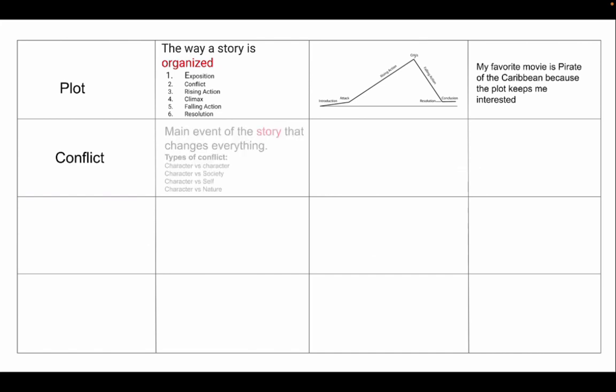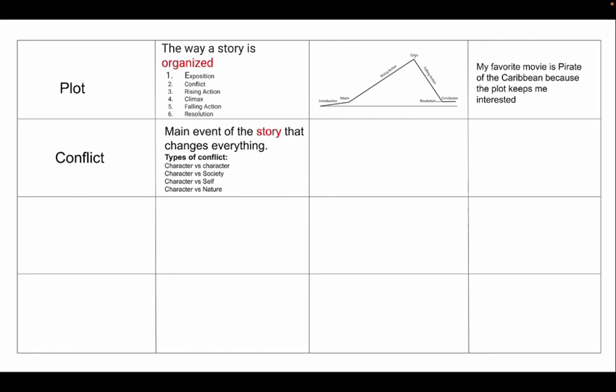Sixth, we have conflict. This is the main event of the story that changes everything. There are four different types of conflict. There's character versus character, as in somebody's getting in a fight with somebody else, right? Or there's character versus society. This is when one person is trying to say, hey, what the government is doing is not okay.